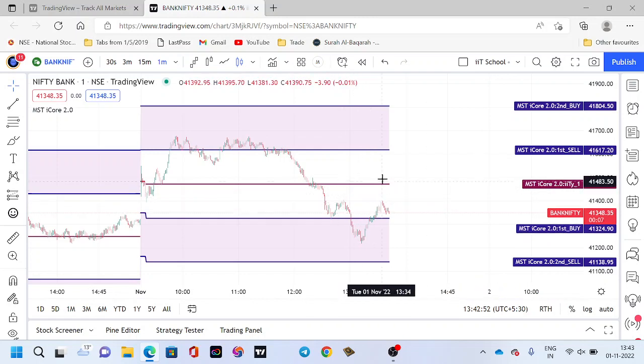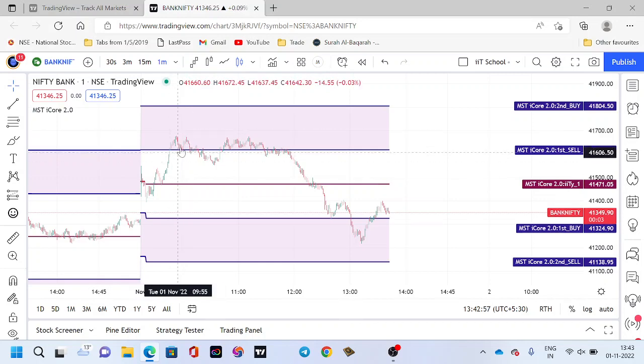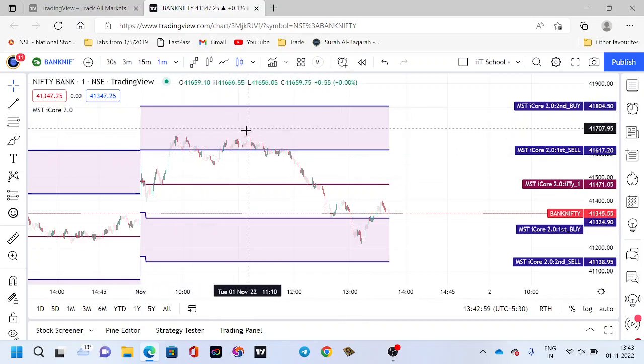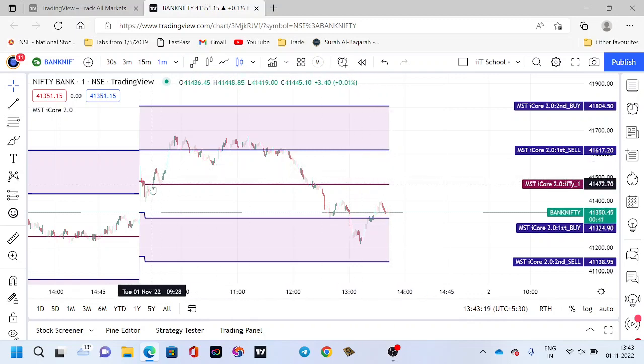If the market is going first to the sell entry, this top zone, then you can take the 41,500 put option. So in the morning itself, you add this strike price. The nearest strike price to 41,471 is the 41,500 call option and the 41,500 put option. So you can add both. If the market is going first here, you take the put option, this one, 41,500 put option.